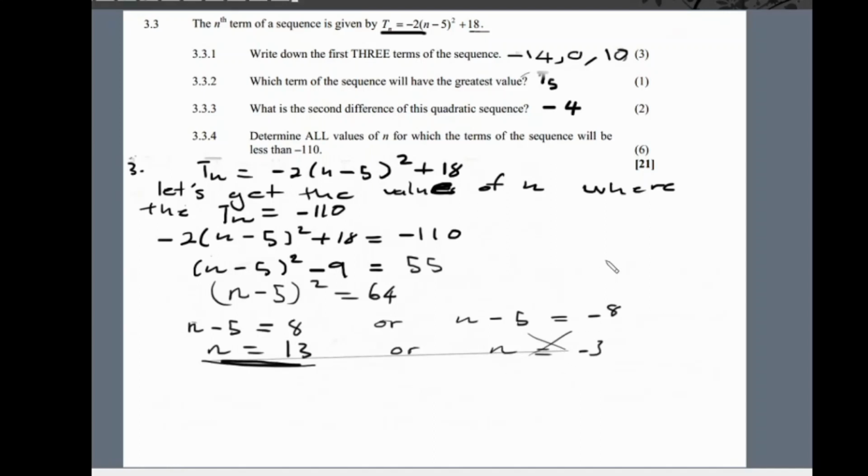If you draw a picture here, you'll have Tn, and then you'll have n. When n is equal to 1, that function is minus 14, so we will be somewhere here, right?